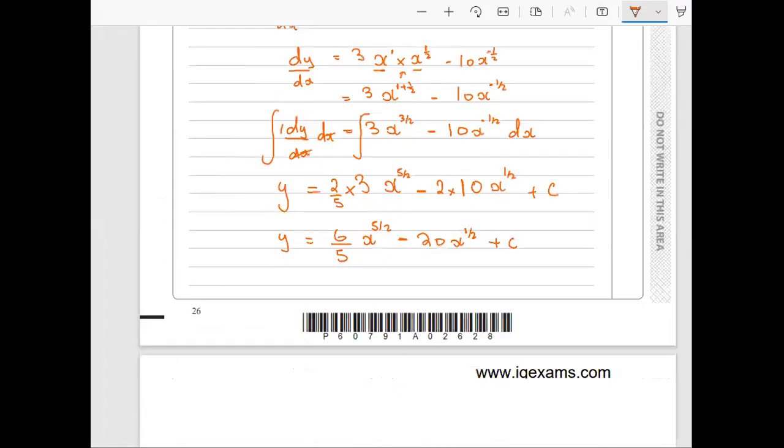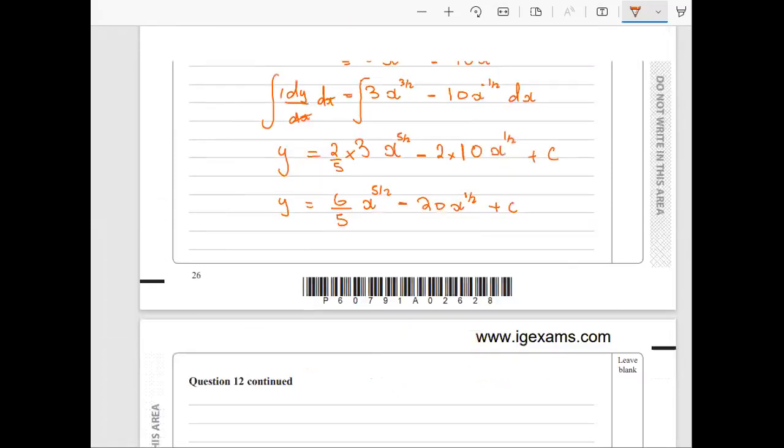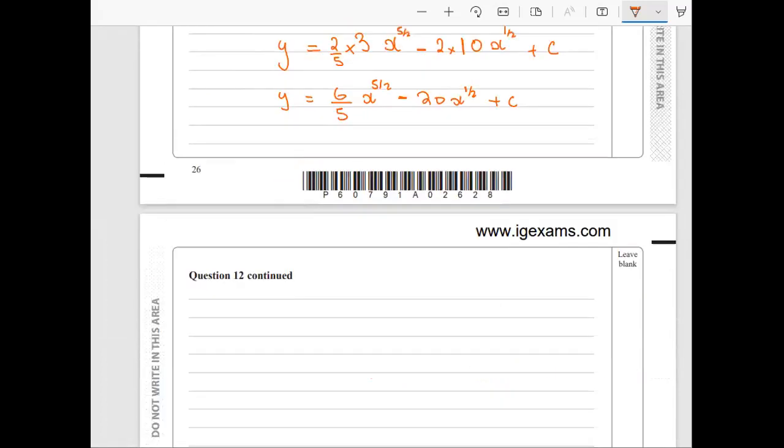Never ever forget that, right? Okay, we have the point 4 and minus 2. The value of y is minus 2. So minus 2 is equal to 6 by 5, and then substitute the x, which is 4 to the power 5 by 2, minus 20 under root 4, which would be 2, plus c.